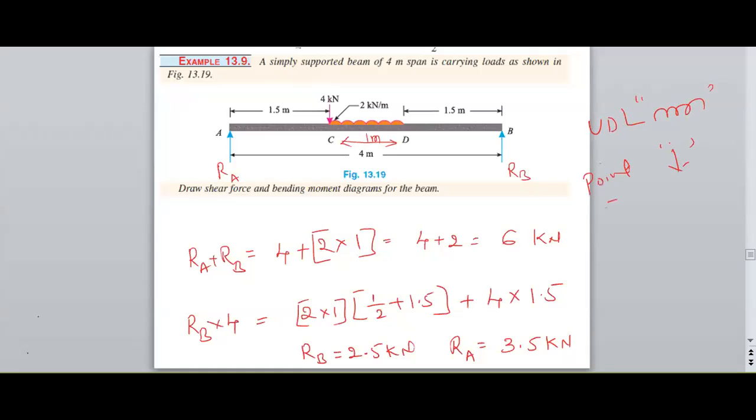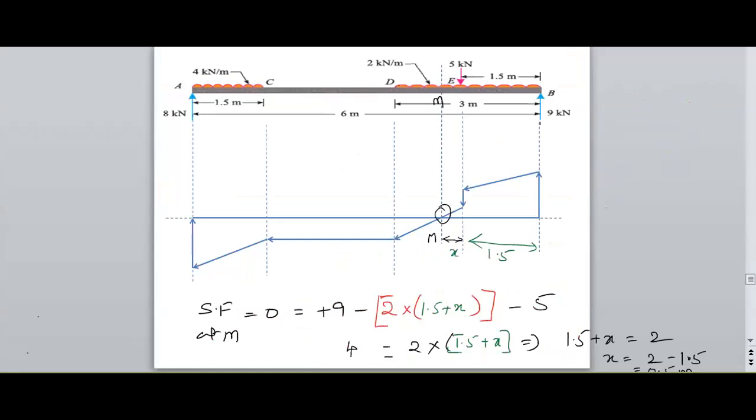And last is a varying load. Next problem is also a UDL and a point load, where 2 UDLs with different magnitudes are applied.